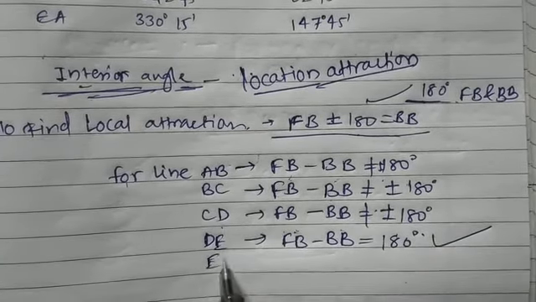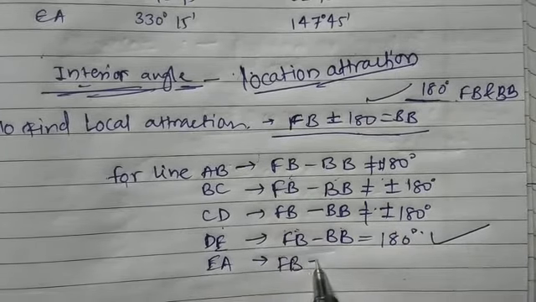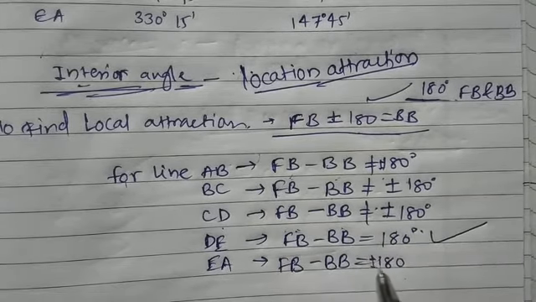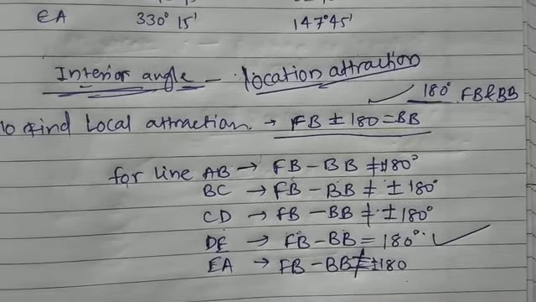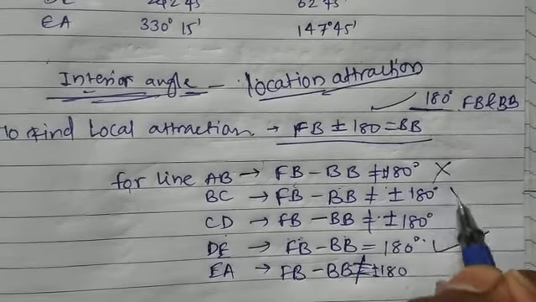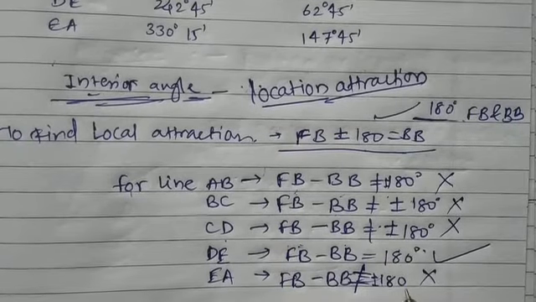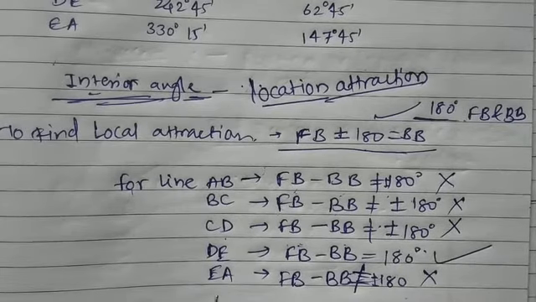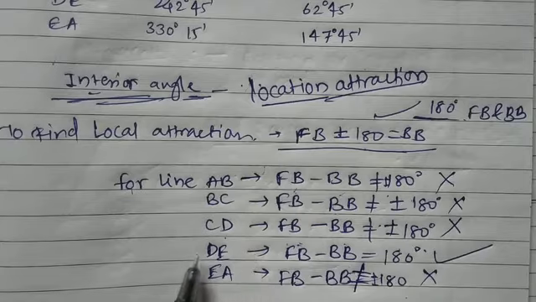For line EA, you can see that fore bearing minus back bearing will not give us plus or minus 180 degrees. So we have found that for these lines the difference in fore bearing and back bearing is not equal to plus or minus 180 degrees. The only line which has a difference in fore bearing and back bearing equal to 180 degrees is DE.